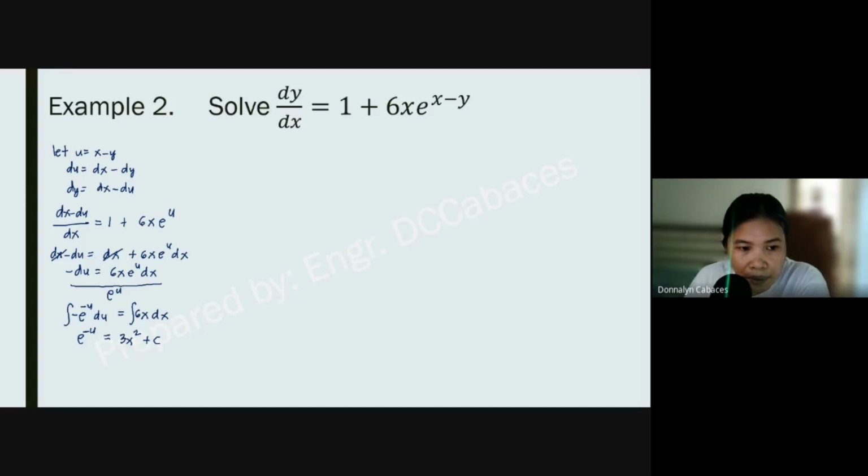And then, but what is u? U is x minus y. So substituting it here, e to the negative (x minus y) is equal to 3x squared plus c. Or simply e to the (y minus x) is equal to 3x squared plus c. And that is now the solution of this differential equation, in which it resulted to a separable equation.